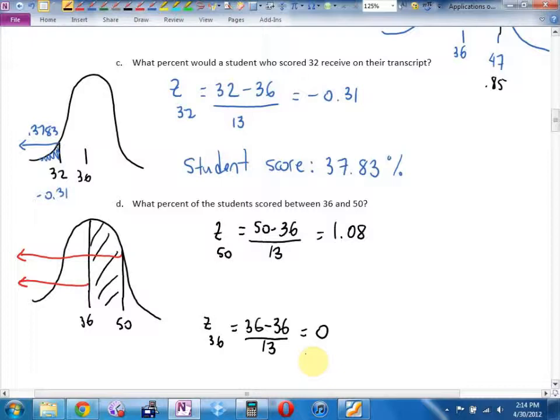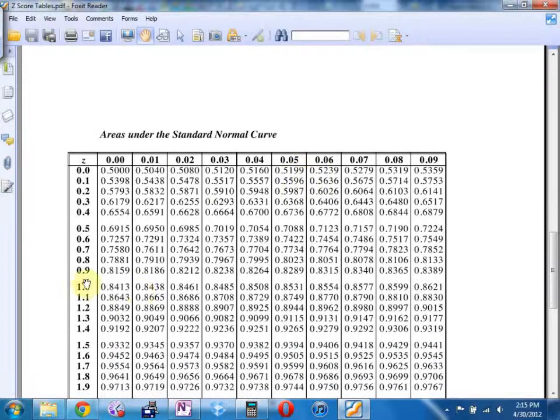So for the 36 you should get a Z-score of 0, right? Average. You get 1.08 for your first Z-score, for the Z-score of 50? Yeah. Okay. What is this top area? What's the area to the left of 1.08? That I've got to look up. 1.08. You get 85.99?